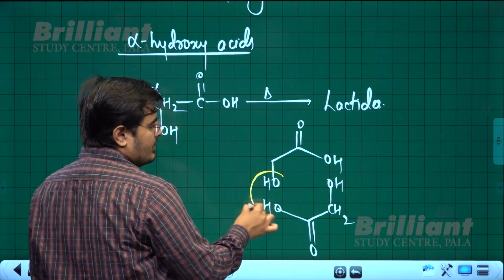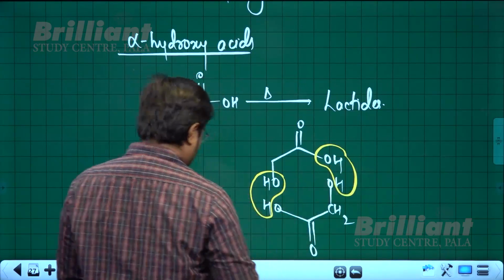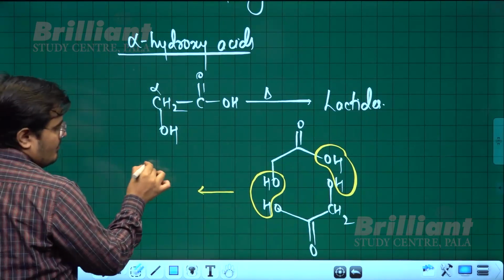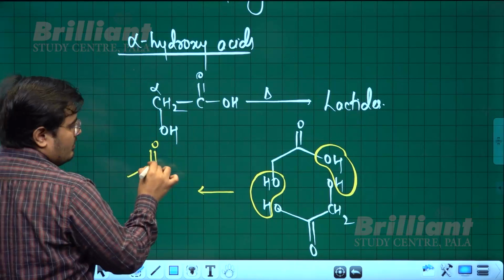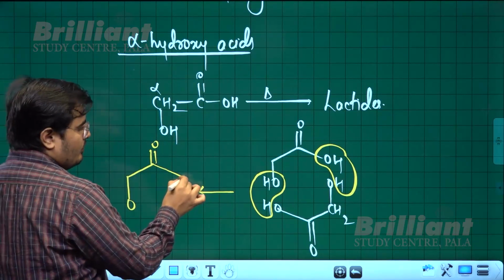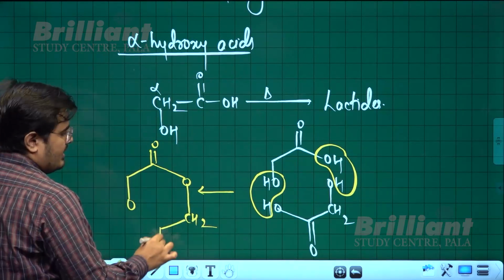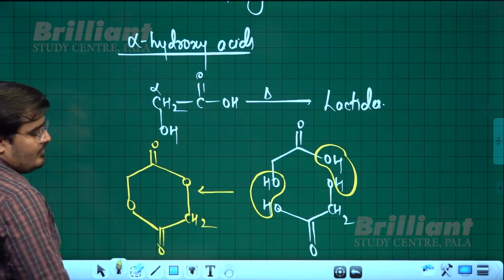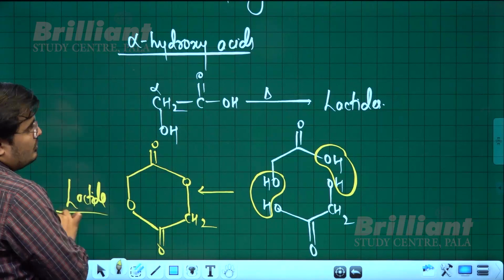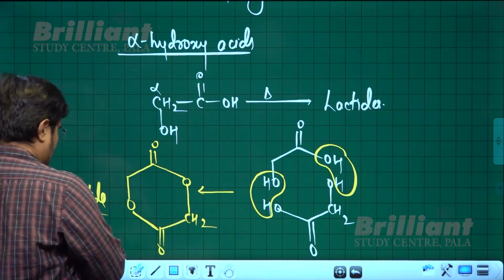Remove one OH and H from here, and similarly remove one OH and H from here. So what you are going to get? It will be C=O, 1 oxygen here and 1 oxygen here, and this will be CH2, C=O. So this will be your lactide. So alpha hydroxy acids on heating form lactides.